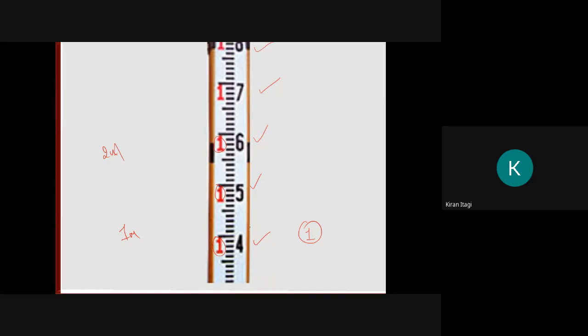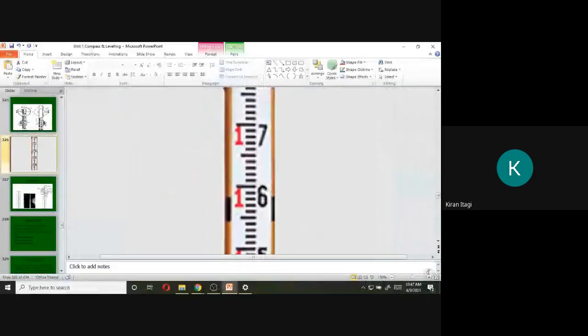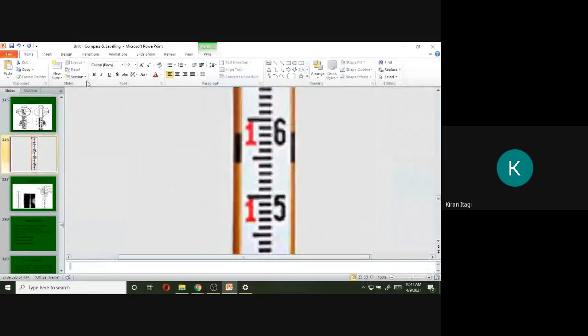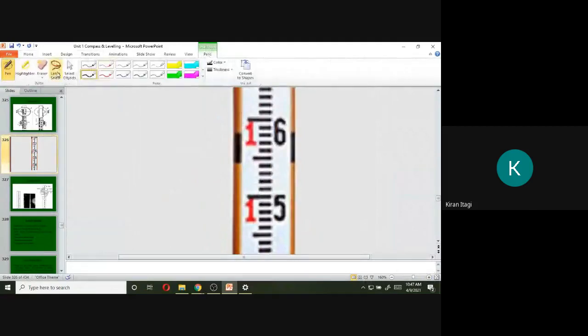And you can see this gap. Here, if I take the highlighter, this is the big one.